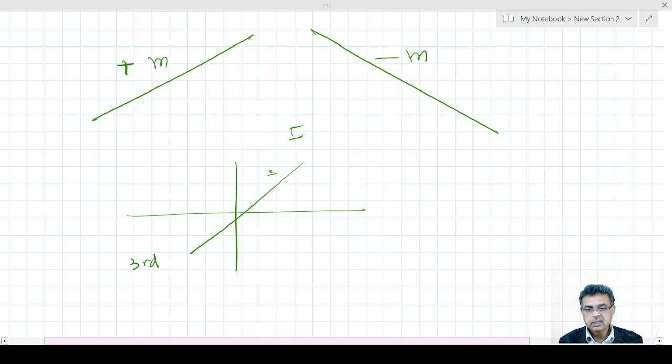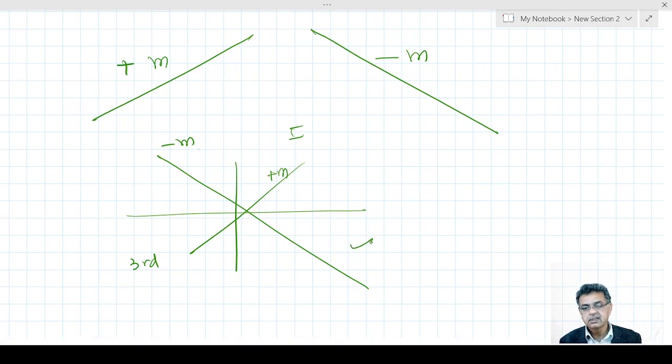So wherever the gradient is positive, tangent is positive. So tangent is positive in the first and third quadrants, and on the other side, lines in this direction have a negative gradient, so tangent is negative in these two quadrants.